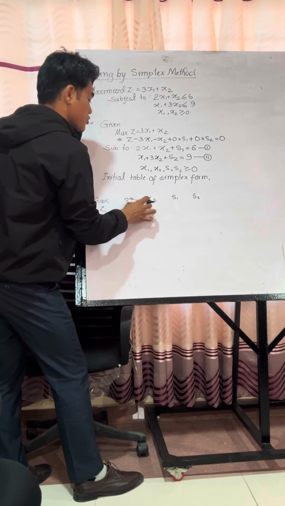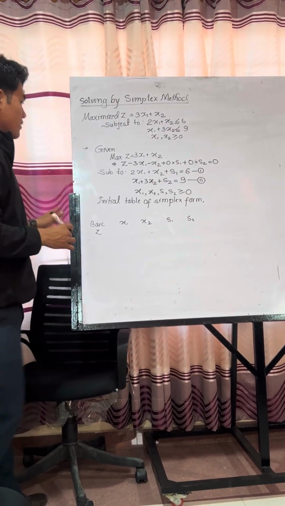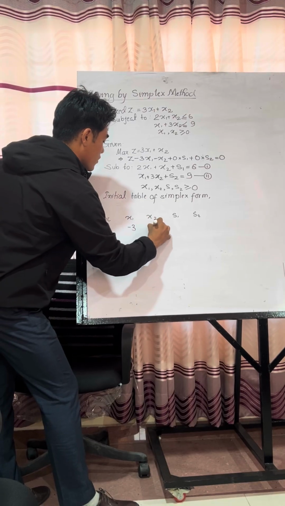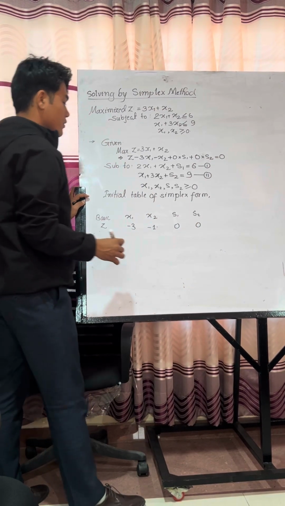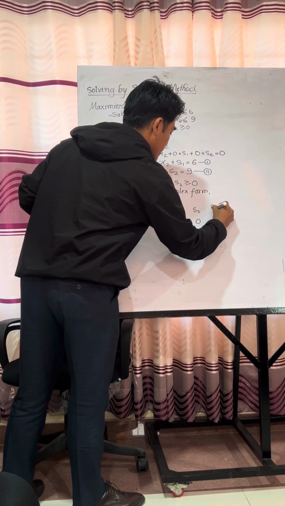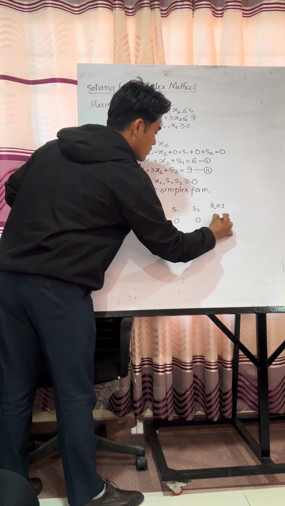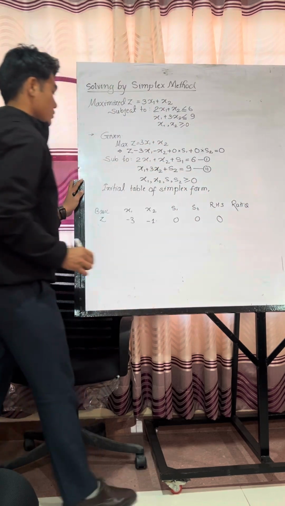Actually x1 and x2 are the non-basic variables, and s1 and s2 are the basic variables. For Z, we write the coefficients minus 3, minus 1, 0, 0, and then for the right hand side we write 0, and for the ratio, you write it later; it will be used later.